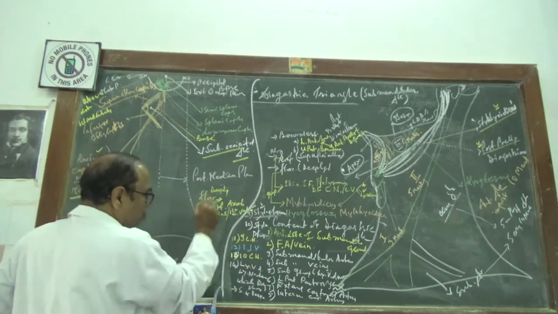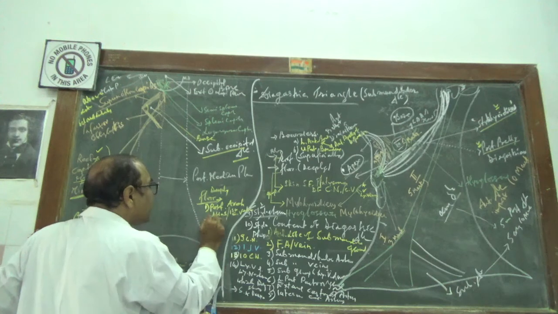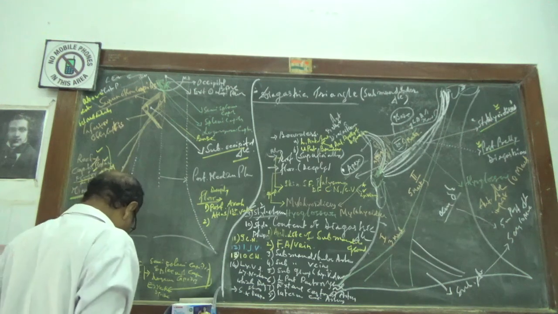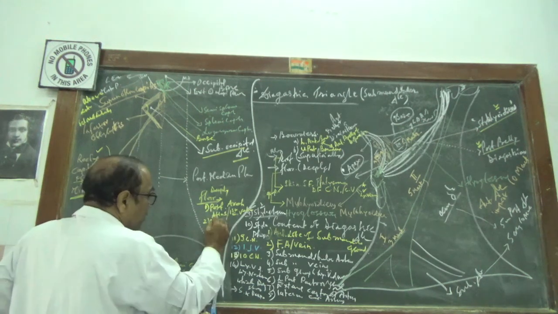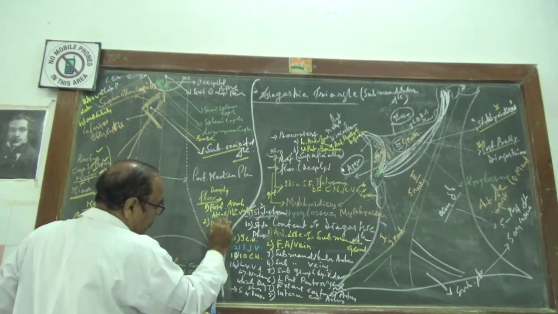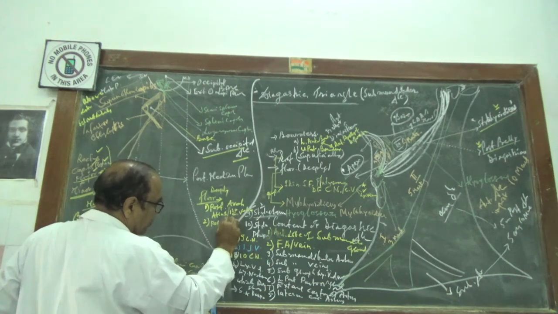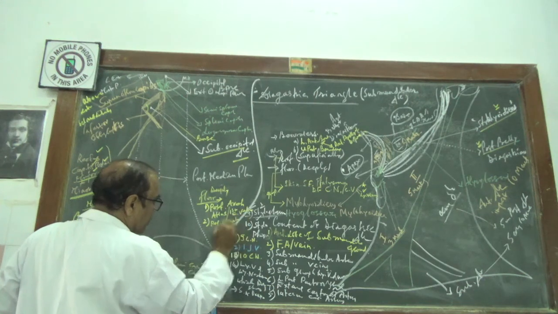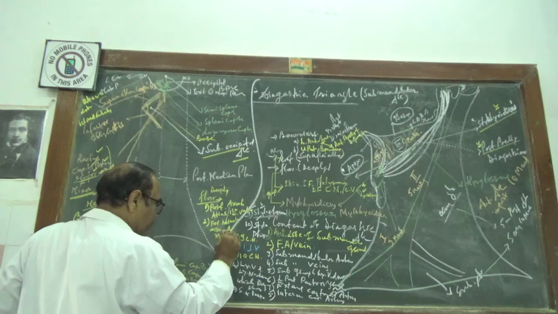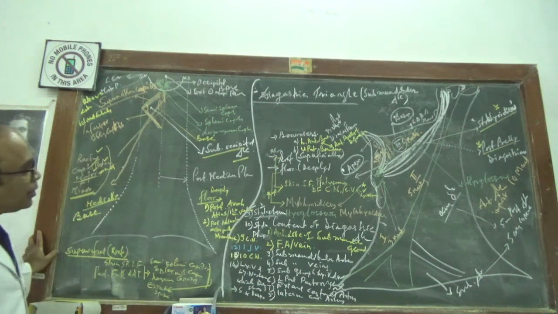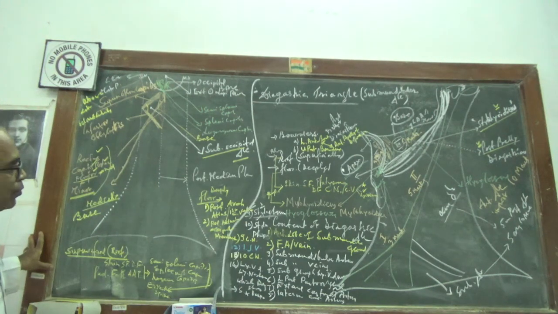That is the first. Second, the posterior atlanto-occipital membrane. So these are the two things which form the floor.